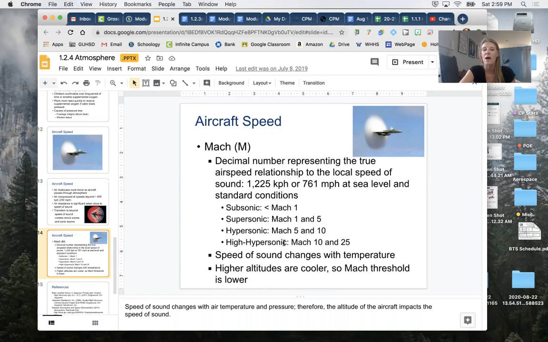I will say that the higher the altitude, the slower this speed is, meaning it will take less time to achieve Mach 2 or Mach 3 speed the higher you are. So the Mach threshold is lower, meaning these values will be a lot lower.